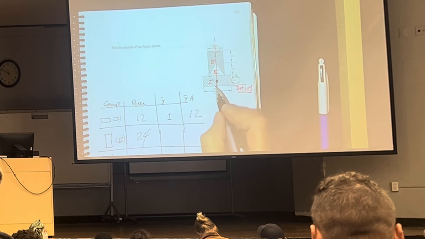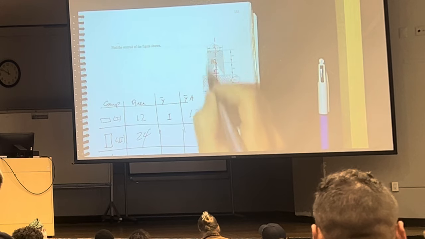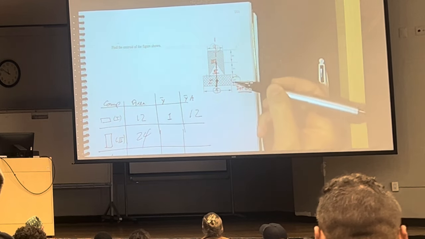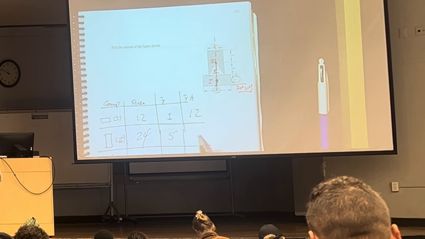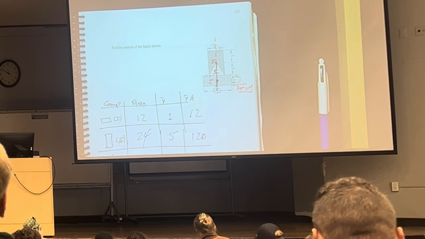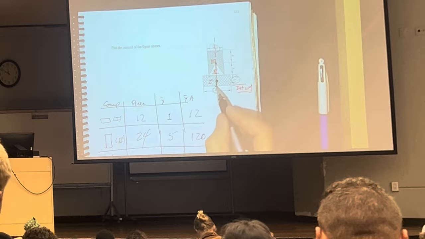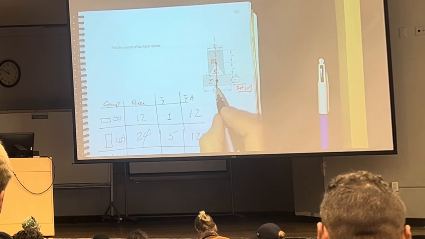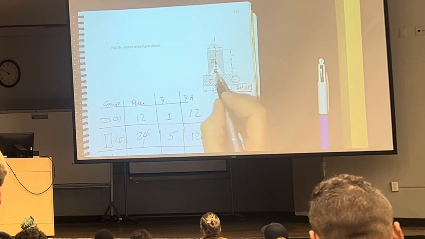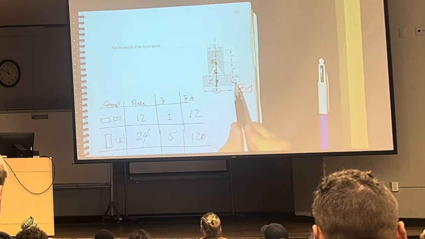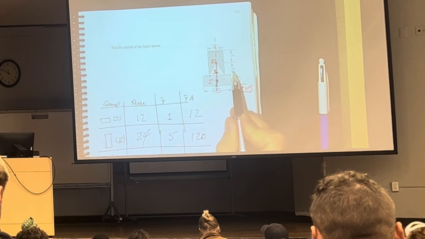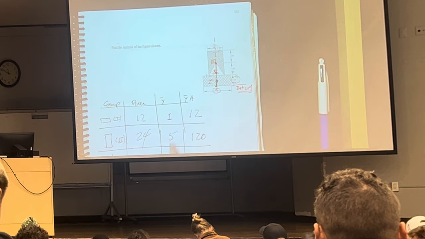From the reference point to the midsection of this rectangle is going to be 2 plus 3, 5. 5 times 24 is 120. From the datum to the middle of that triangle, that's going to be 2 plus a third of 3, that's 1. That's going to be 3.